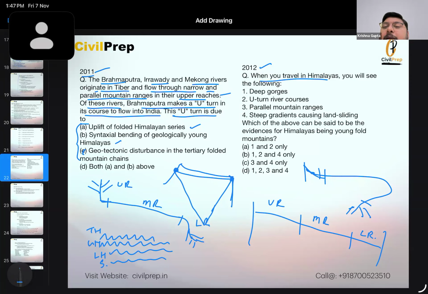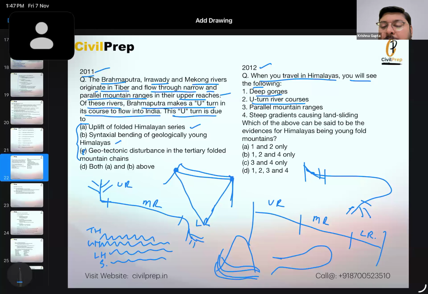Now, when you travel in Himalayas, you will see the following: deep gorges. For example, this is the mountain, and this is the river moving. So this river forms gorges over both the sides here. Then U-turn river courses: if the river is moving like this, there can be a U-turn because of the presence of the mountain, then it will move forward. So yes, this is also possible.